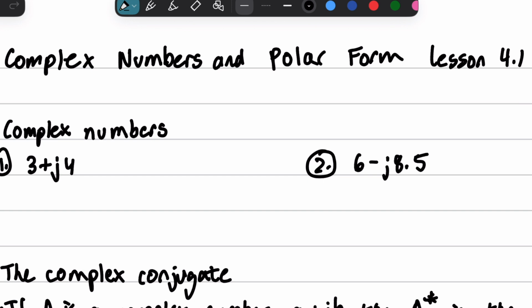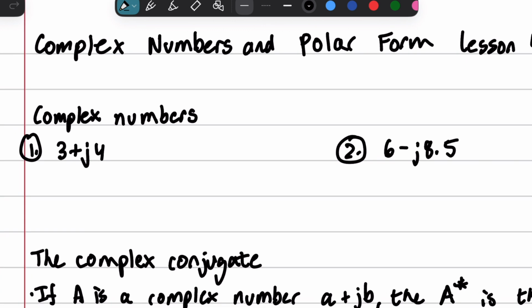So this lesson, complex numbers in polar form, is just going to be a review of complex numbers in polar form, because that's generally how we're going to look at all of this. We're going to be looking at all of this in vectors and coordinates, which are in turn going to be interpreted as circles and triangles.